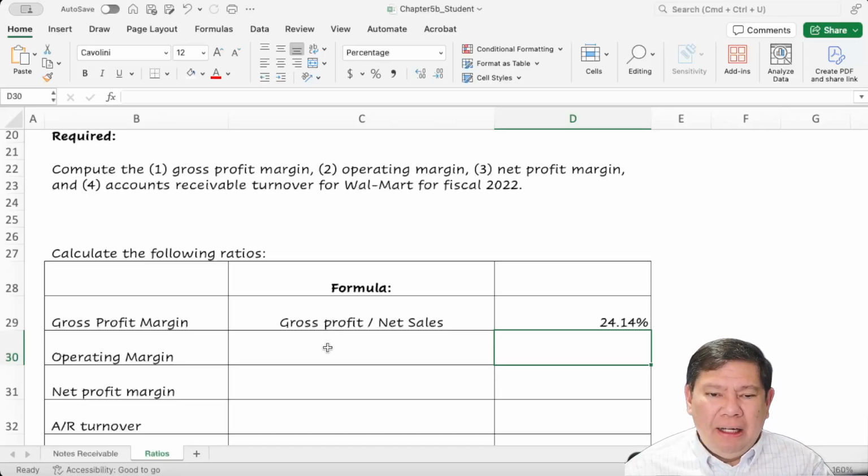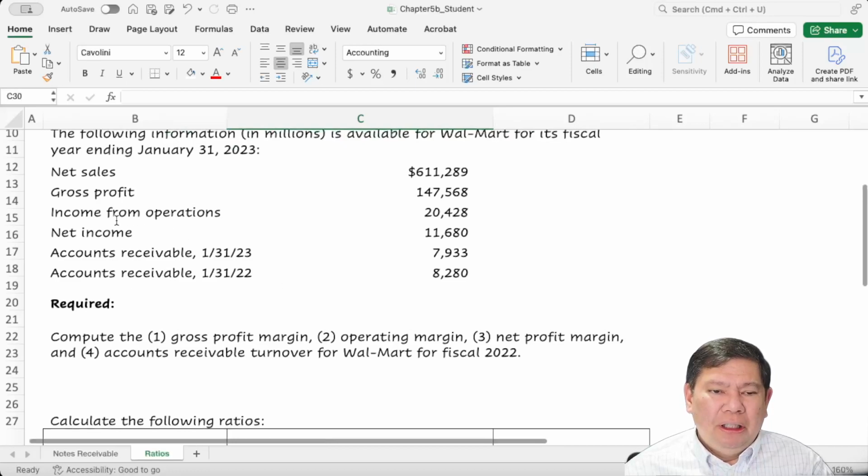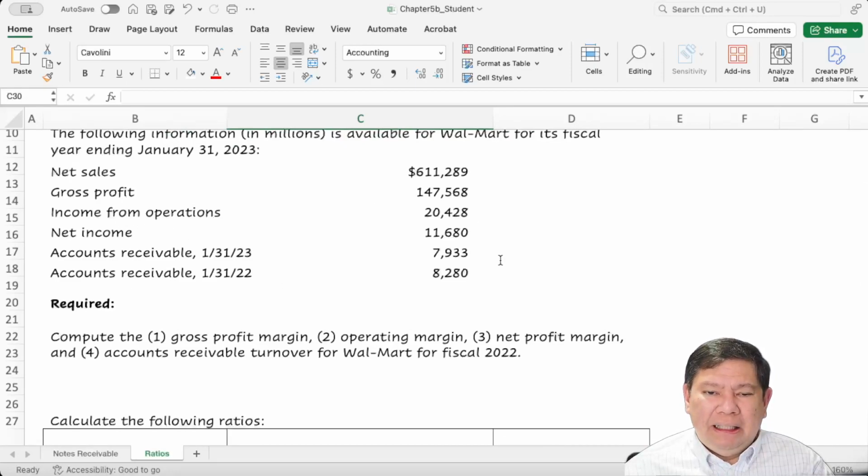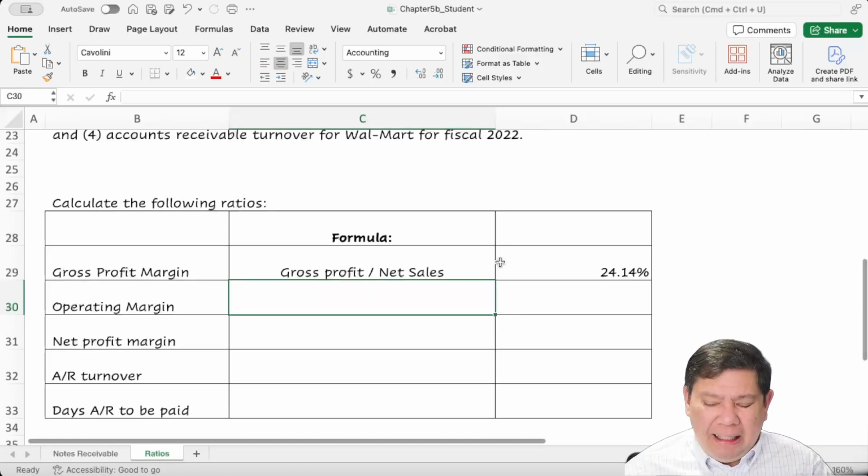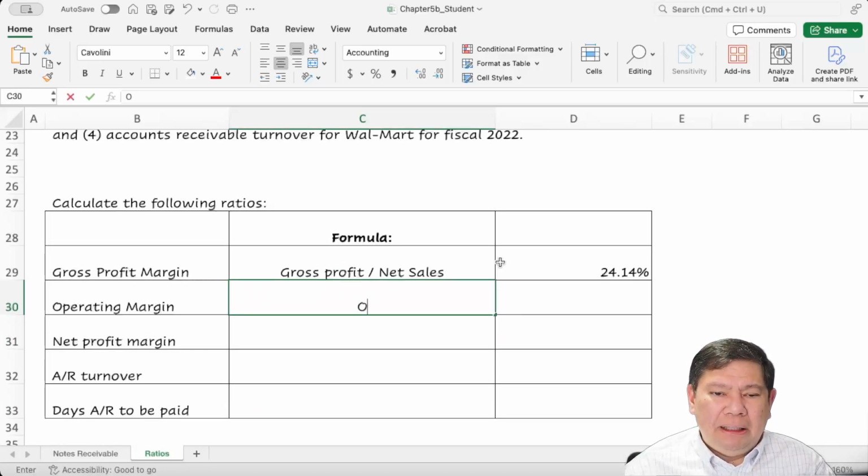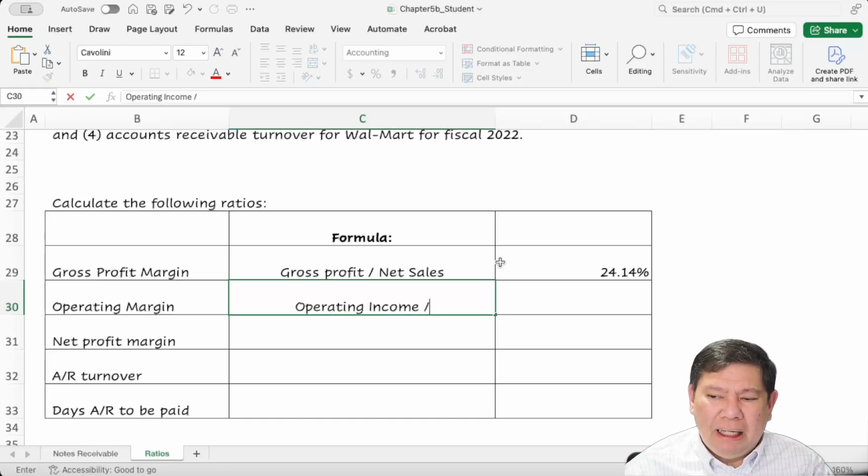And then after paying all the operating expenses, the company reports income from operations 2428. So operating margin is operating income or income from operations divided by net sales.